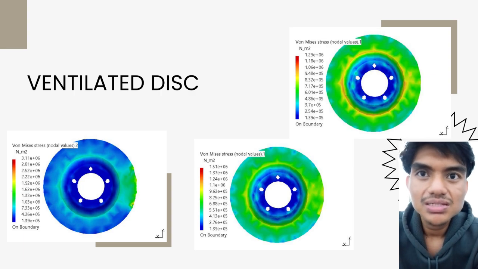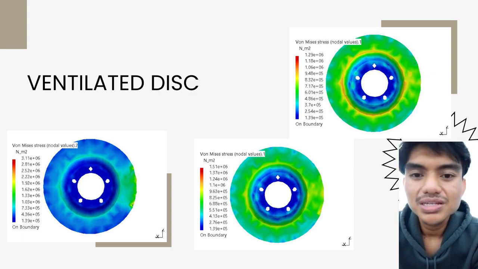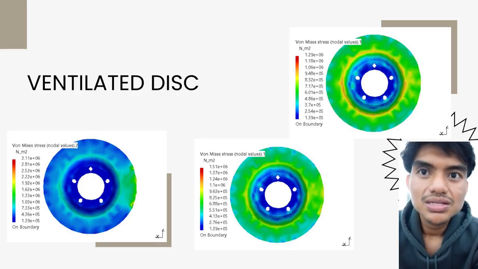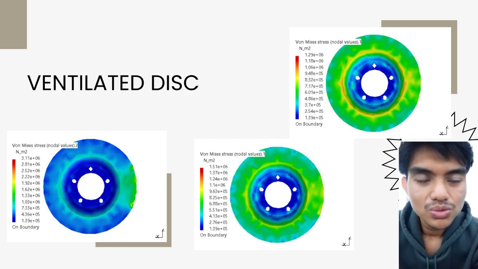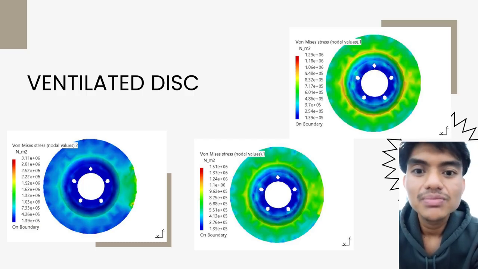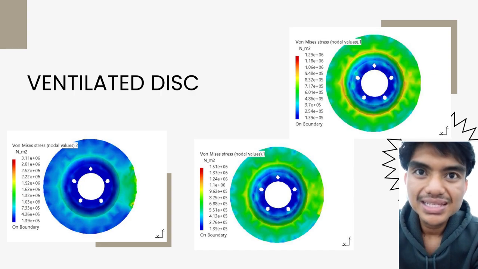While the peak stress in the first frame reached 3.11 megapascal due to the pad's initial contact, the subsequent stages have a very efficient distribution, averaging around 1.29 to 1.51 megapascal. Notice the reappearance of the stress rings.